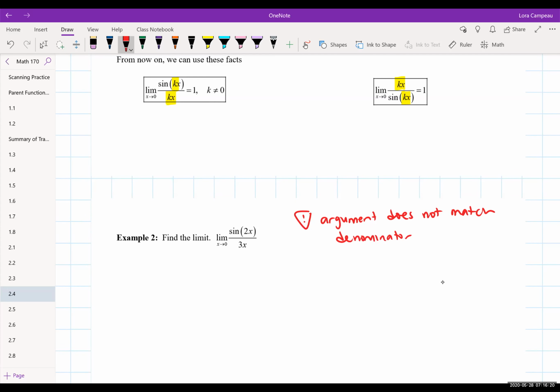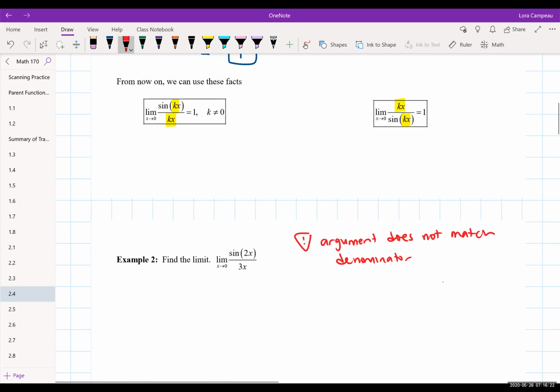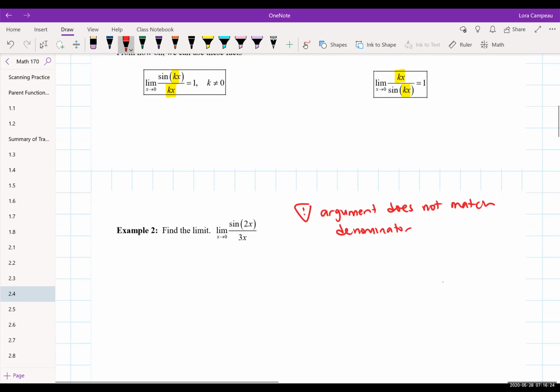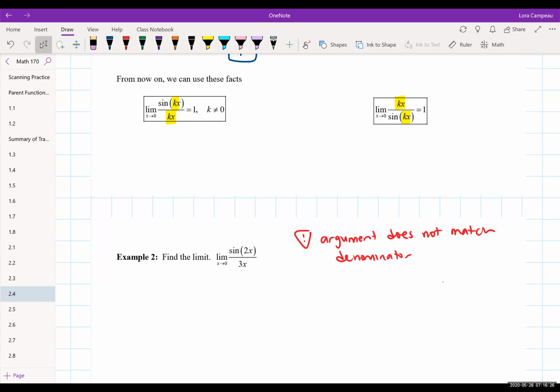I thought you were like, wait, I thought you told us that it's supposed to work out, and why can't we apply it now? Well, let's play a game. A lot of times this is what we do in math class. We play a game of, wouldn't it be nice if we had, let's look at our argument. It would be super nice if we had a 2x in our denominator.